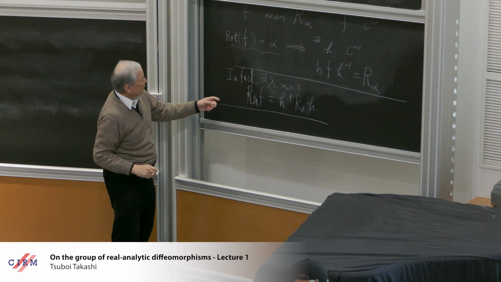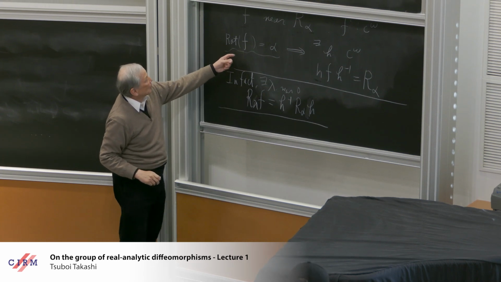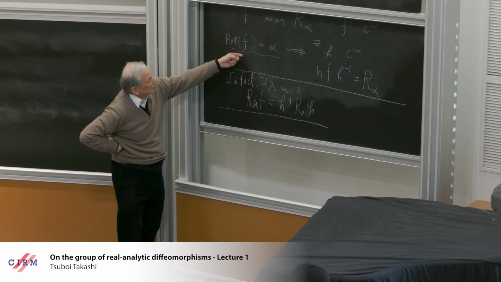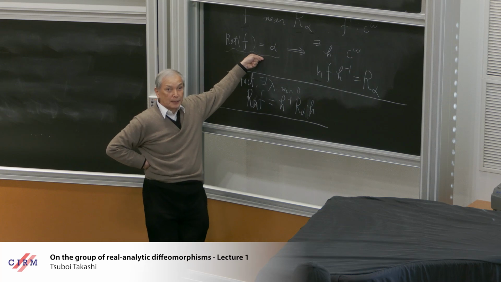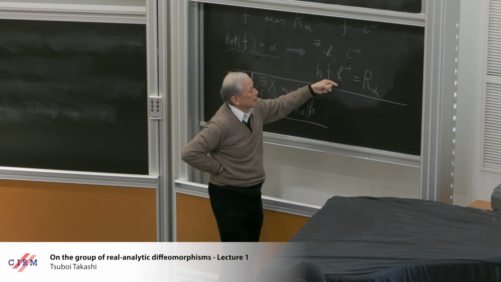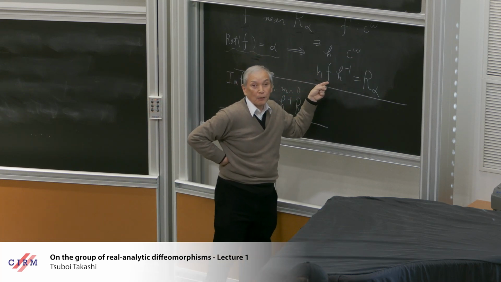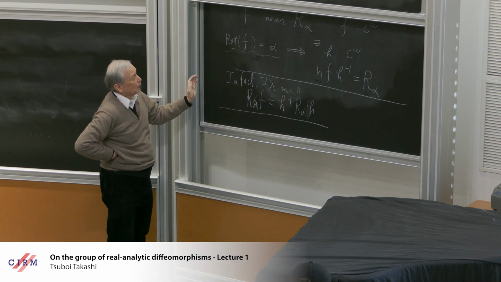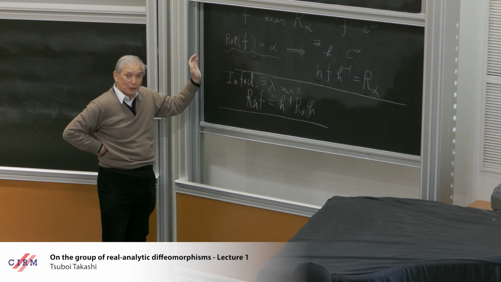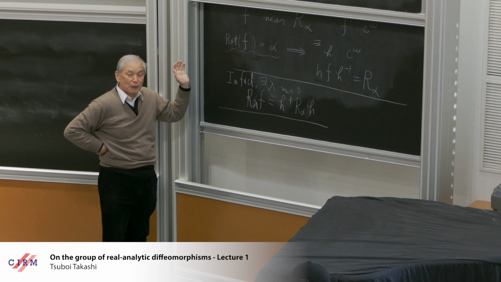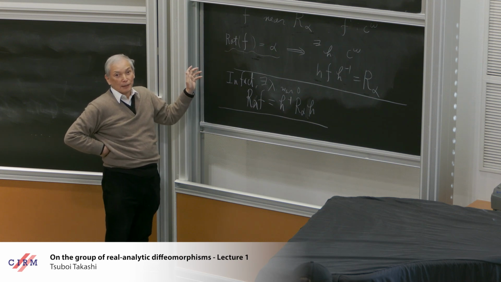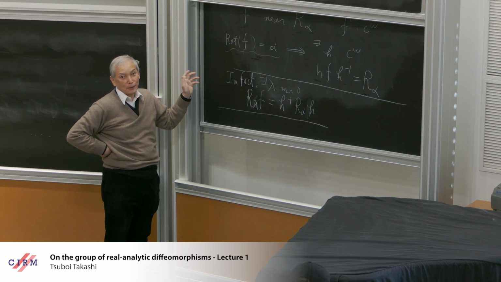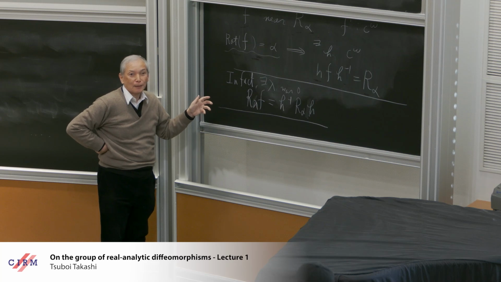So, as I said, this theorem says if the rotation number is alpha, it is just the conjugate of the rotation. Fine. But usually it is not. So I want to change the rotation number. The easiest way is to multiply by a rotation.